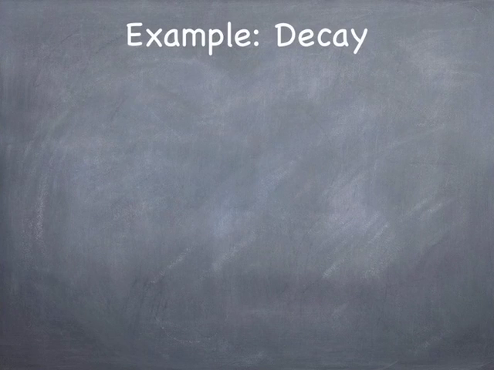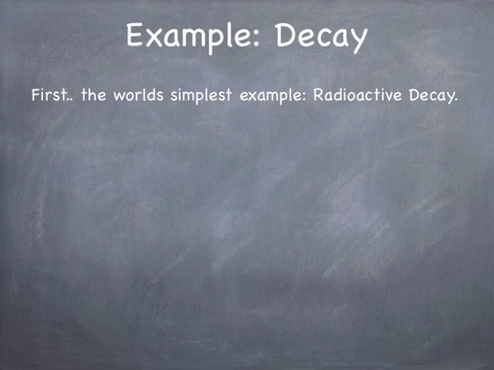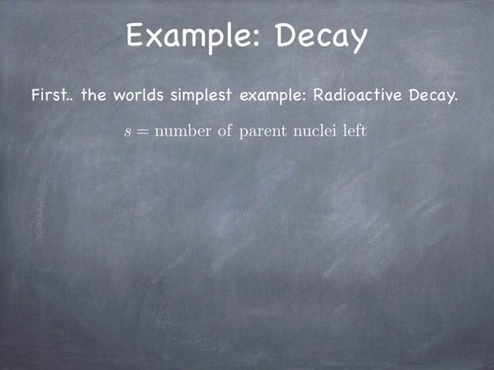So let's look at an example and see how that works. Radioactive decay is a very simple physical situation, and basically it obeys the rule that the rate at which the number of radioactive nuclei changes is proportional to the number of radioactive nuclei that there are at a given moment in time.